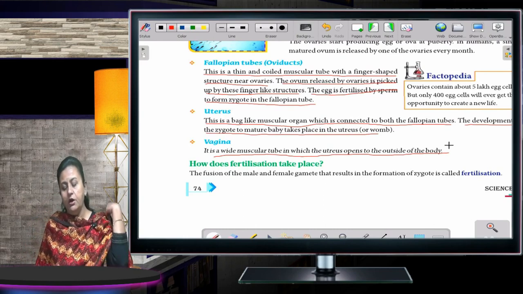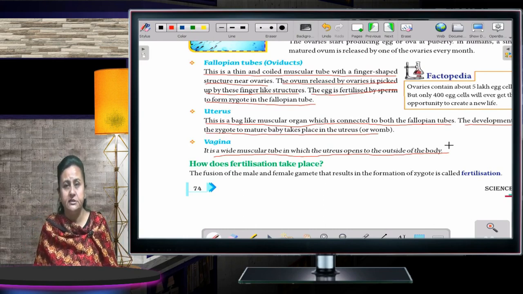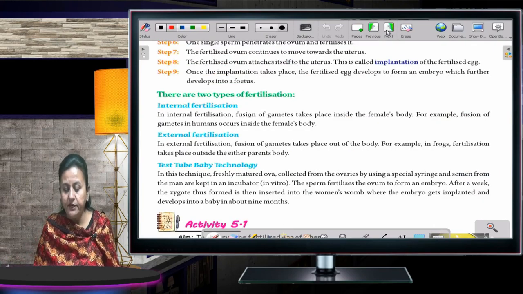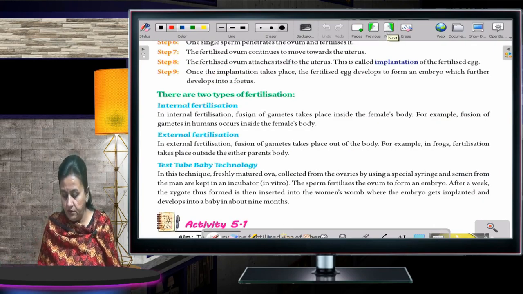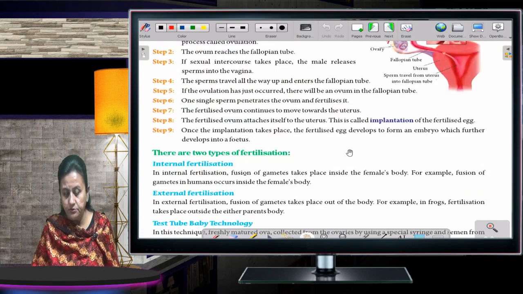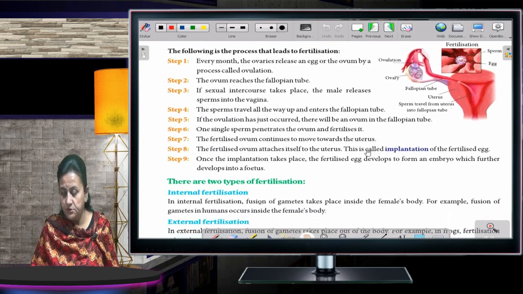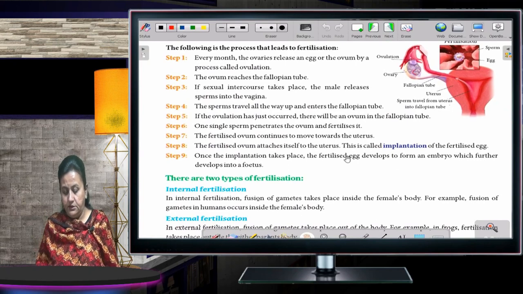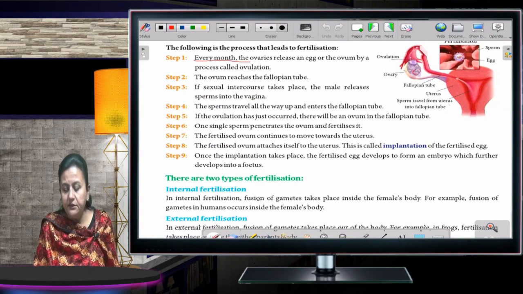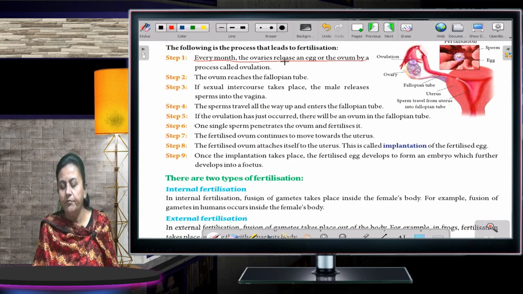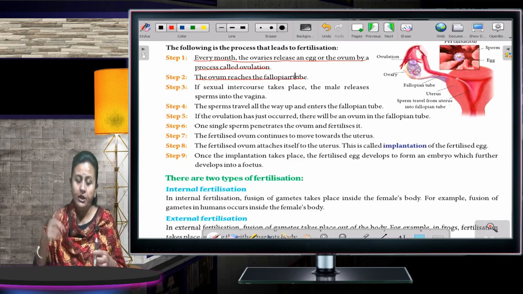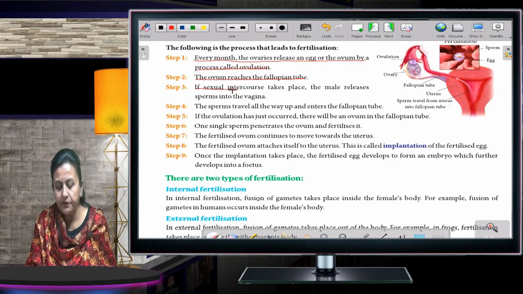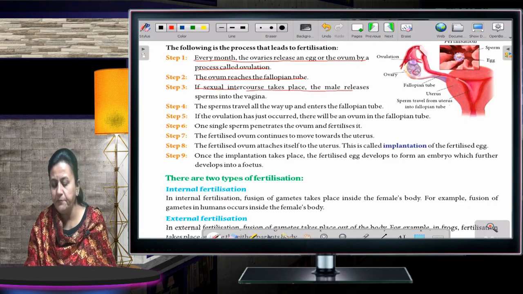Fine. Now, how does fertilization take place? As you can see on your screens also. Every month, the ovaries release an egg or the ovum by a process called ovulation. The ovum reaches the fallopian tube. Now if sexual intercourse takes place, the male releases sperms into the vagina.